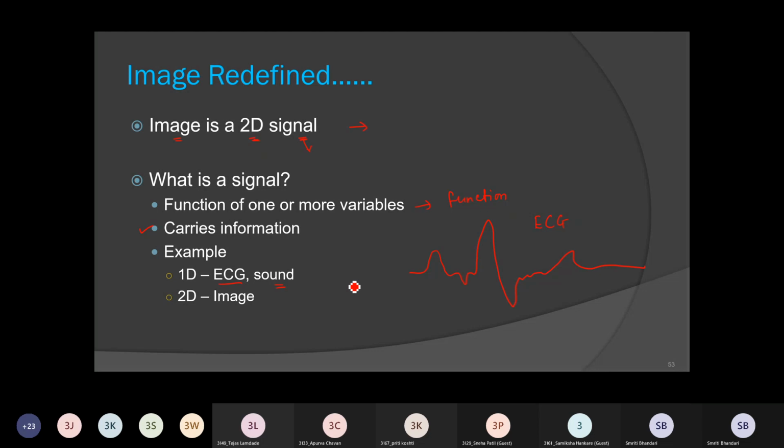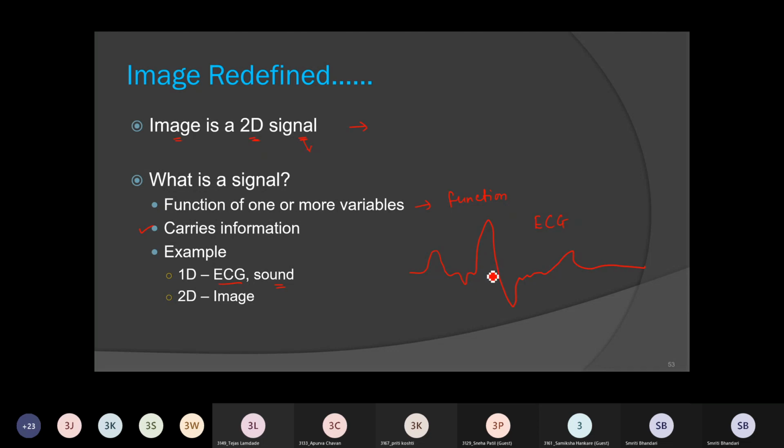The sensors are attached to our skin at several places, and whenever our heart beats, whatever electrical signal is generated is detected by the sensor, and that signal gets converted into such a plot.